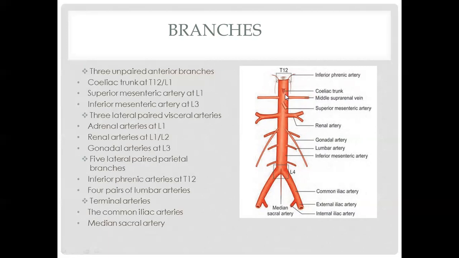The anterior 3 branches are the celiac, superior mesenteric, and inferior mesenteric arteries, and the lateral ones are the renal, gonadal, and adrenal arteries. Also among the lateral paired arteries are the inferior phrenic arteries, since there are 2 inferior phrenic arteries, and the 4 paired lumbar arteries. It terminates as the common iliac arteries and the median sacral artery as well.